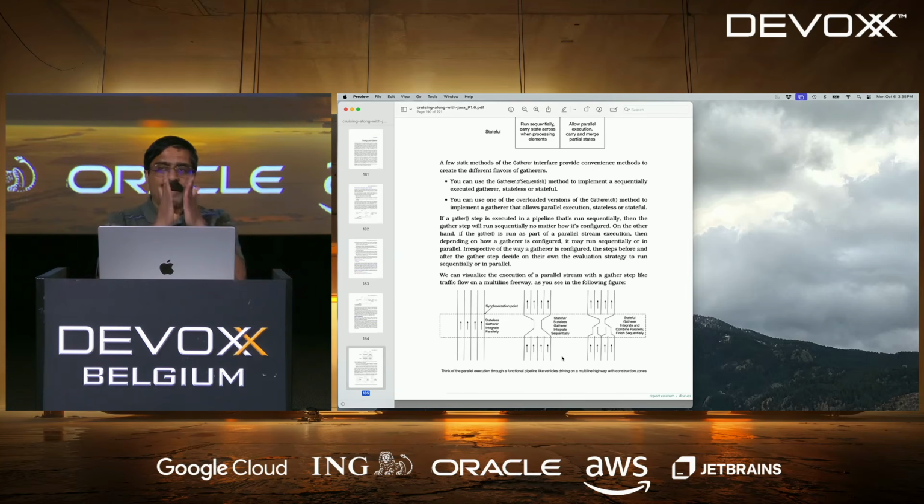If you are in a sequential, there's only 1 lane, there is no concern of parallelism. But if you're in a multiple lane road, all the cars in each of the lanes can keep going at the same time, but they have to merge in the construction zone. 1 car goes through, and then on the other side, you can speed up again. So that is basically what sequential does.